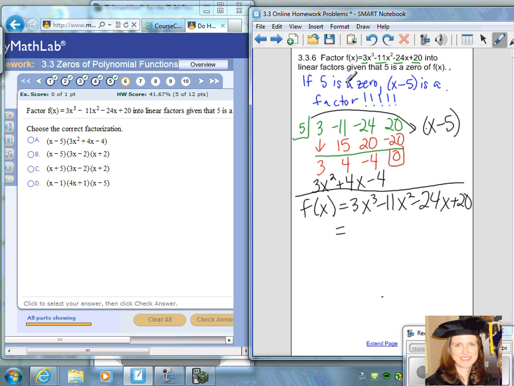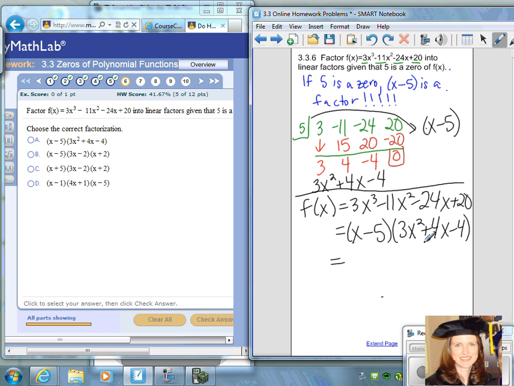So 5 is a 0, so that means x minus 5 is a factor. The other factor is what you find below the line in synthetic division. So that is 3x squared plus 4x minus 4.